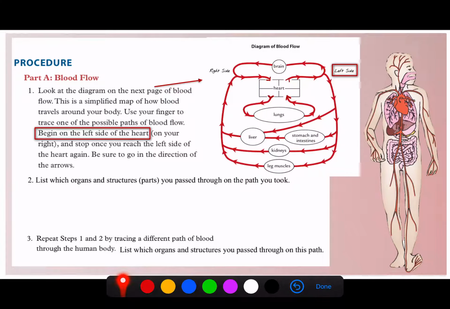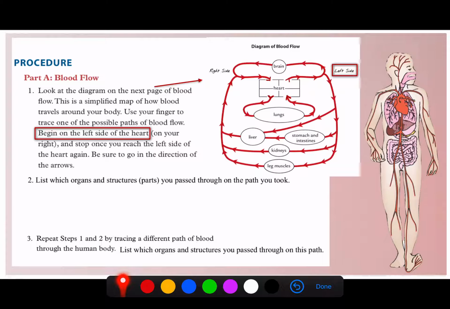So you are to use your finger or your Apple Pen or stylus to trace one of the possible paths of blood flow. So there could be more than one way to go here, but you're supposed to begin on the left side. Now I've labeled the left side for you. Remember, we're considering the left side as though it's inside you. And then you're going to stop when you reach the right side.